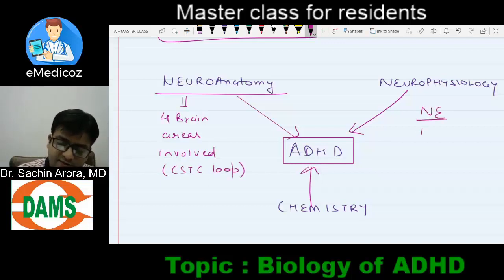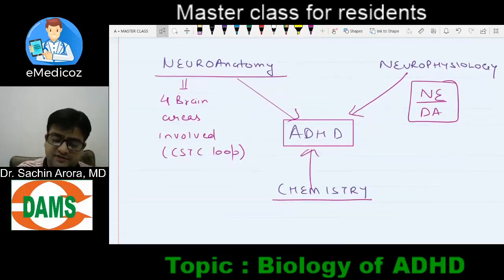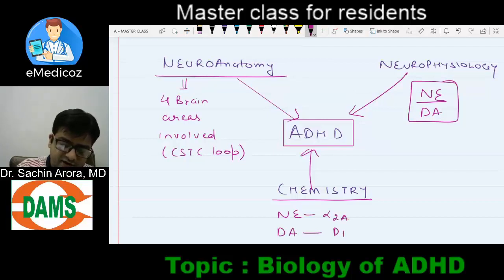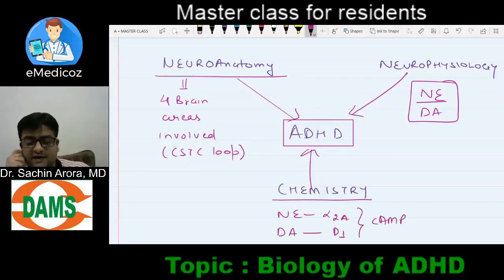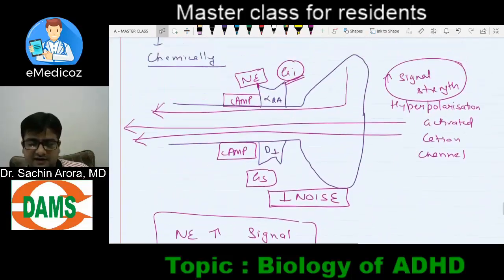Neurochemistry: the norepinephrine and dopamine system. Neurophysiology and neurochemistry relate to norepinephrine binding to the alpha 2A receptor and dopamine binding to the D1 receptor, both working via cyclic AMP and the hyperpolarization activated cation channel. This is a summary of the biology of ADHD.